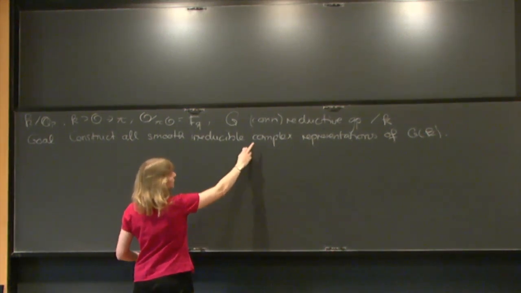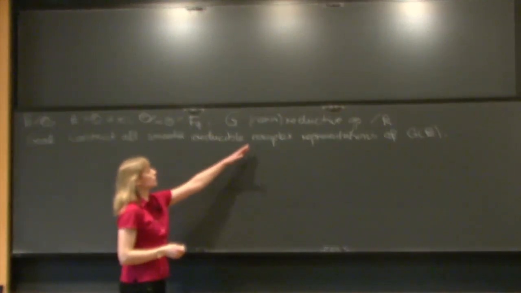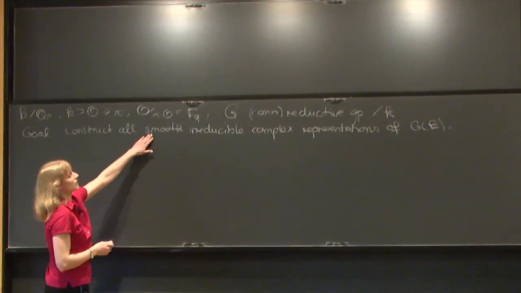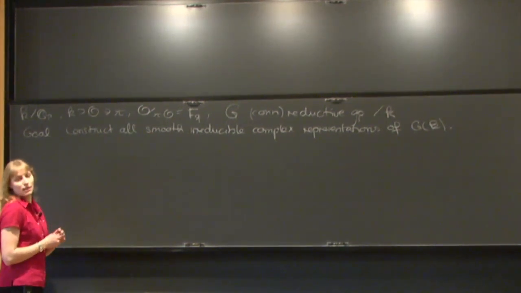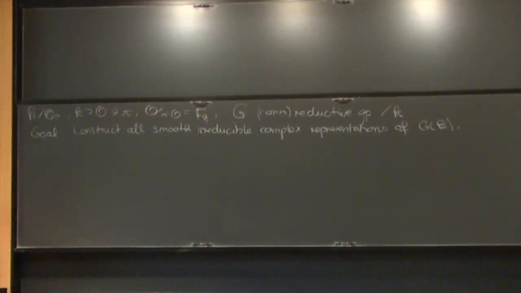So in this talk, I look at complex representations, so the coefficients should be complex, in the morphism of complex vector spaces. And smooth always means that the stabilizer of every vector in our representation space should be open, so that we have a reasonable category to work with.